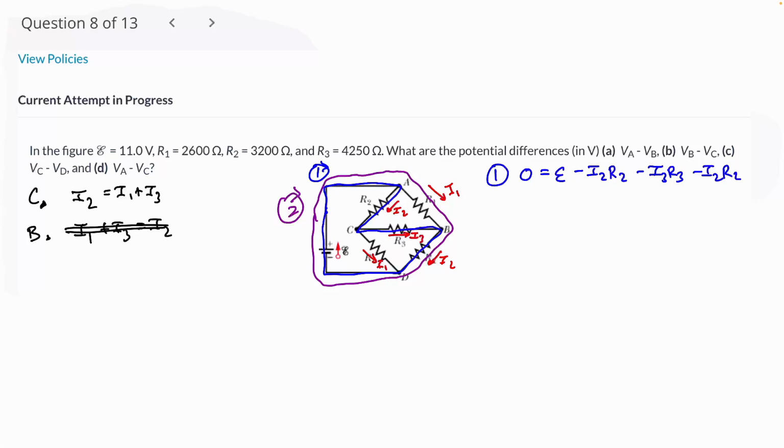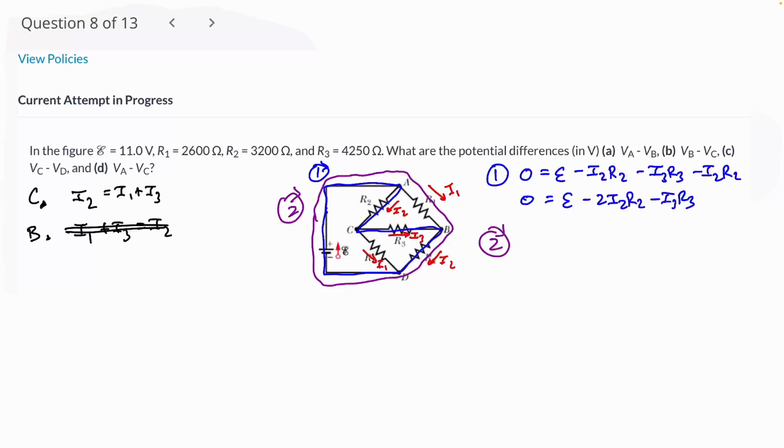So my loop comes around, and my loop and my current are the same direction, right? So I make it minus. And then I come around this way. Again, my loop and my current are the same direction, so minus. And then my loop and my current are in the same direction, so minus. Clean that up just a little bit while I'm here. EMF, there's 2 I2R2s, aren't there? I3R3, okay, there we go.